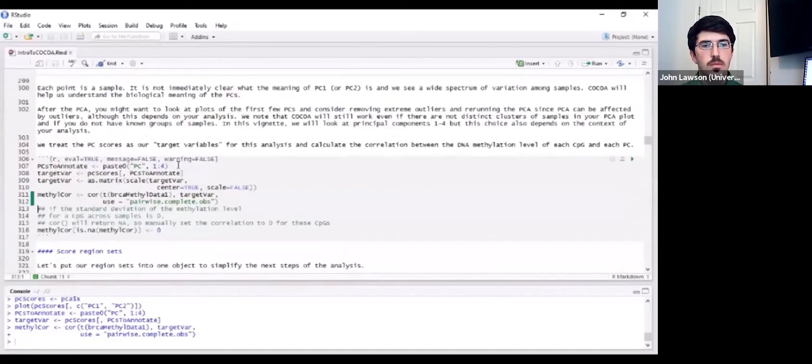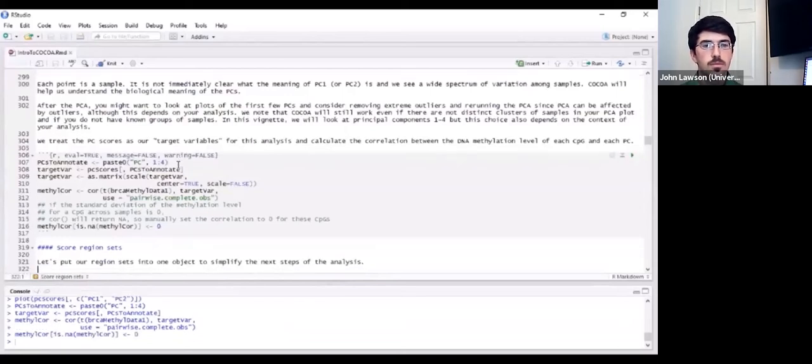And so for those of you familiar with PCA, the correlation of the CpG with the principal component score is very similar to the loadings. In some cases, it's identical to the loadings of the PCA. But if you want to read more about why we're doing it this way, you can look at the paper.